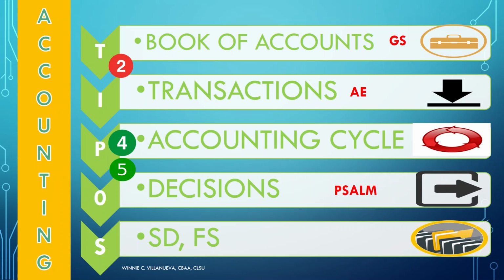Profitability, ma-perform, solvency, malakas, activity, efficient, liquidity, mapera, and market valuation, yung ikaw ay highly demanded. No? And your source document and your financial statement would serve as documentation, would serve as evidence.